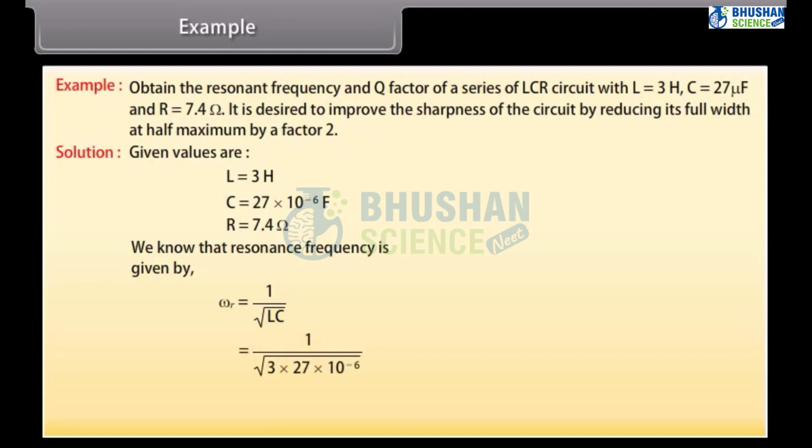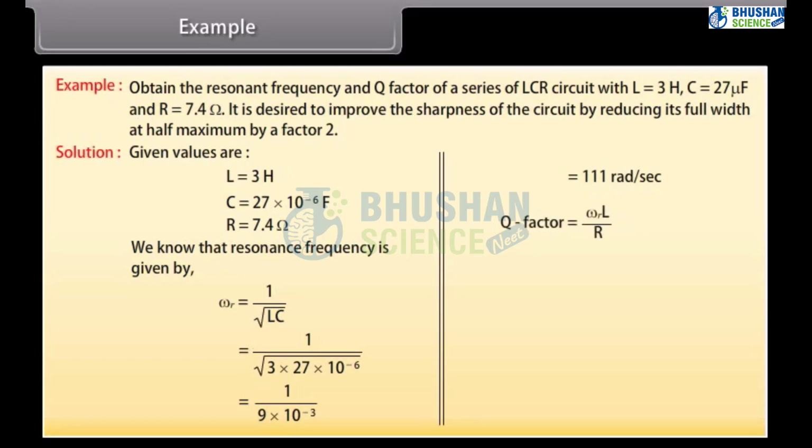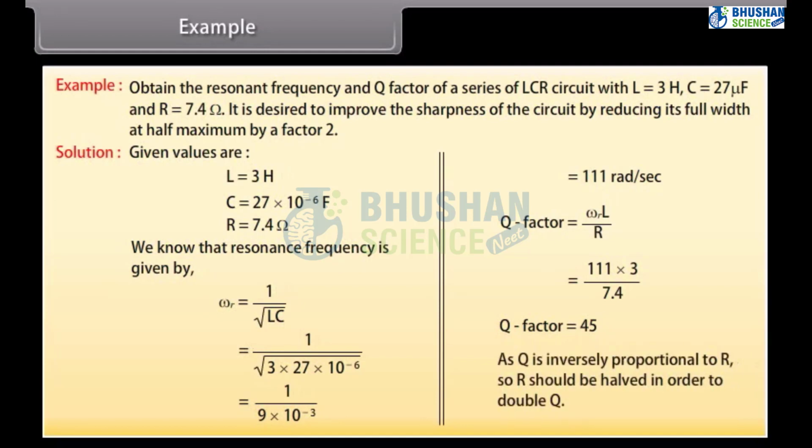Now, putting the values, we get resonance frequency equals 111 radian per second. Q factor is equal to omega naught L upon R. Now, putting the values, we get Q factor equals 45. As Q is inversely proportional to R, so R should be halved in order to double Q.